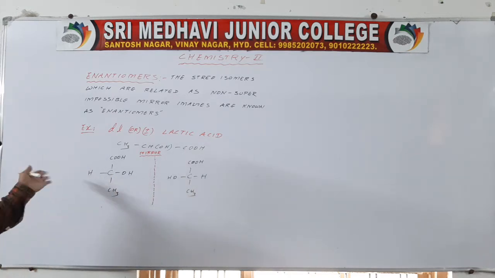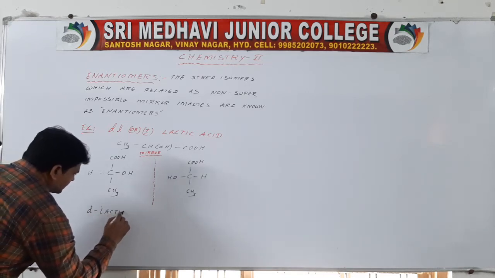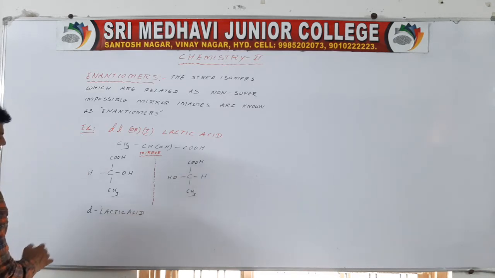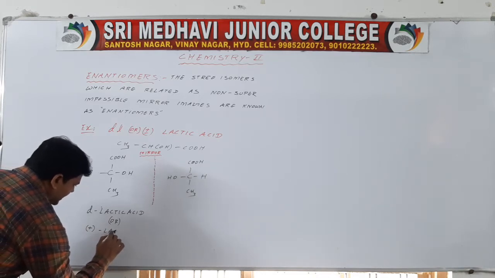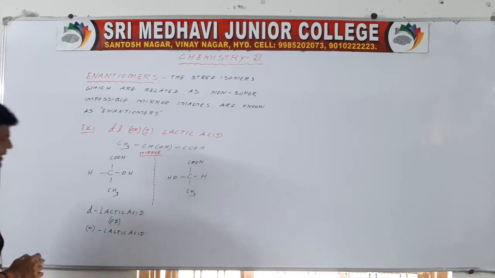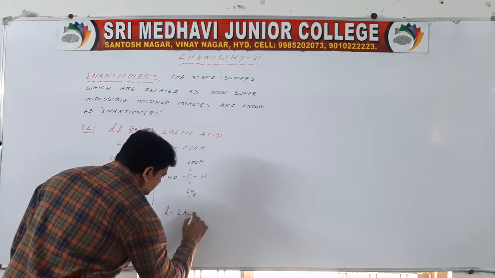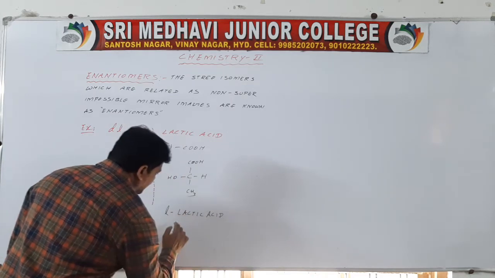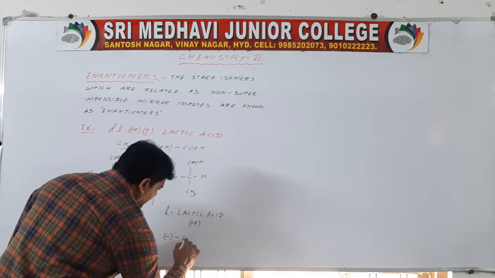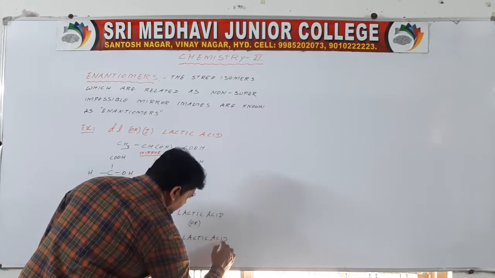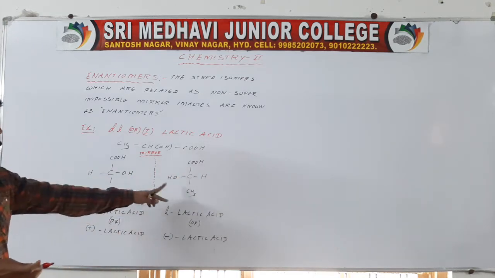Here the H group is on the left side now, so it is D-lactic acid or plus lactic acid. This one is L-lactic acid or minus lactic acid. These two are non-superimposable mirror images.